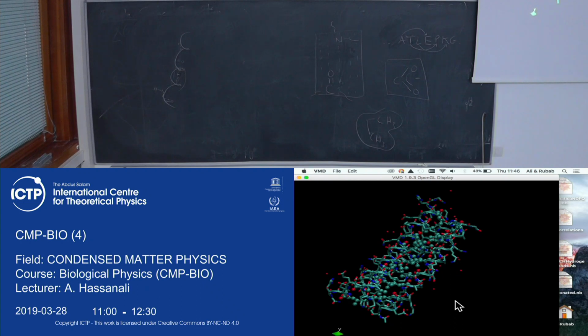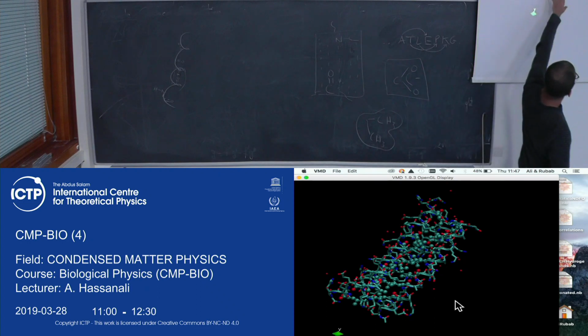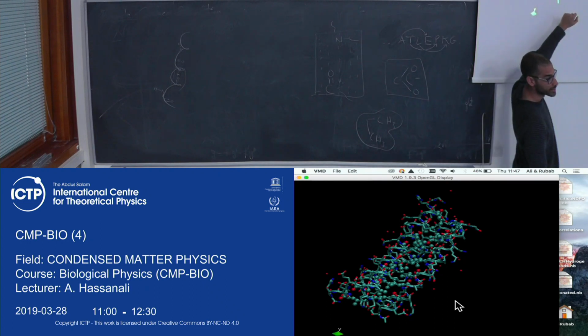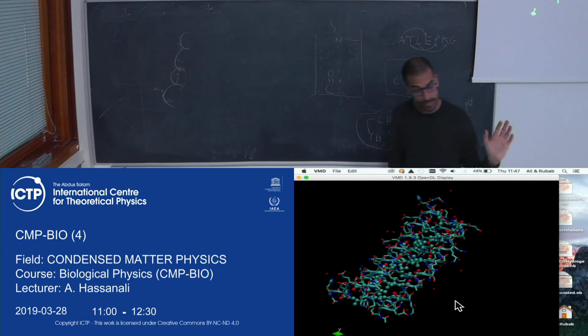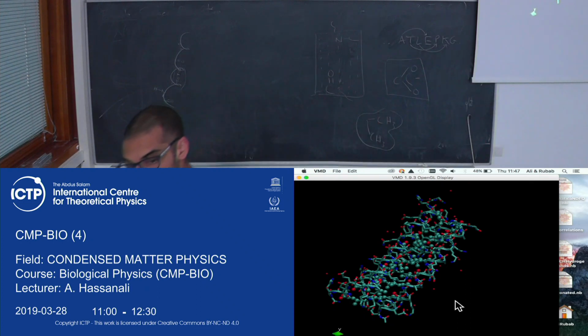It's really impressive how biological systems have been designed to do this. And these are very delicate. If you mutate, you change one amino acid here, this will shift the equilibrium so that it'll make the protein very unstable.